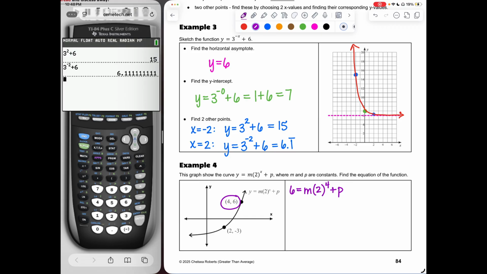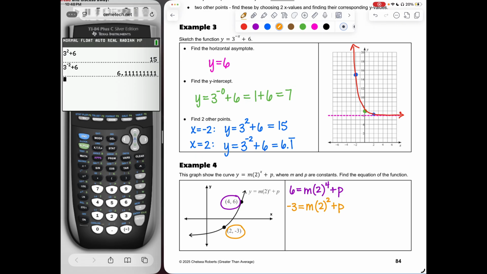Okay, and then we will have the other equation, which would be -3 is equal to m times 2 to the power of 2 plus p. All right, so those would be our 2 equations by using those points.